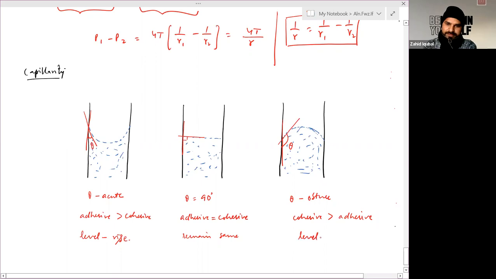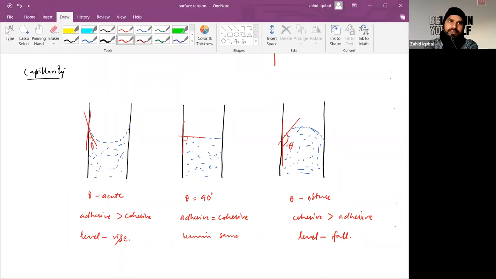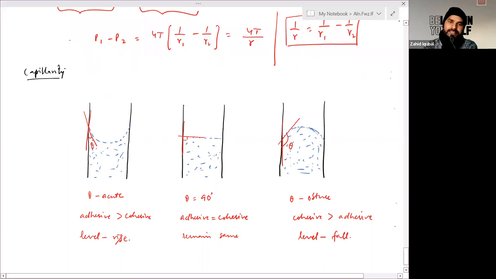So level of liquid will decrease or may fall. So this phenomenon in which due to interaction of liquid with the wall of that tube, the rise or fall in level of liquid in this capillary tube is called capillarity.